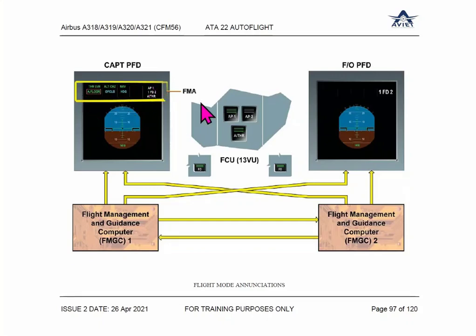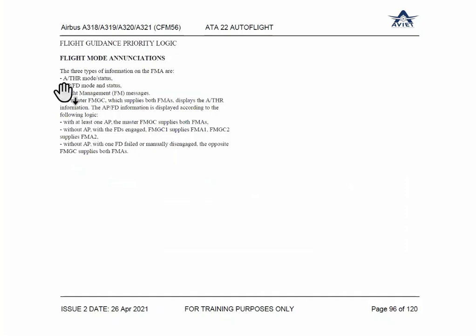It displays the thrust values, lateral guidance, vertical guidance, engagement logics, landing capabilities, etc. So this area is called FMA, and FMA information is coming from whom? The three types of information on the FMA are auto thrust mode, AP/FD mode, and flight management.